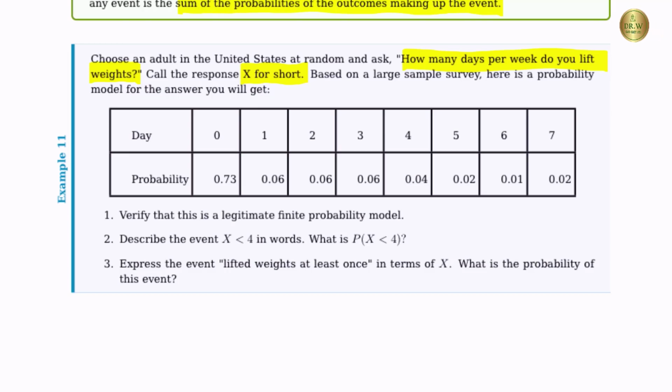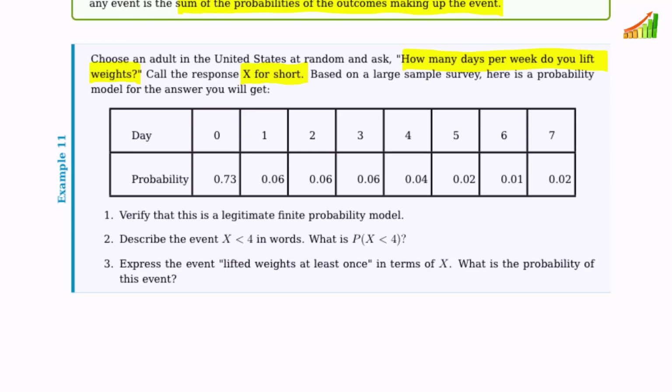Maybe 1 day, or twice a week, which means 2 days, or 5 days. But no one says 2.3 days or 5.6 days. We don't use decimals to tell the number of days. It is clear X values go from 0 to 7.